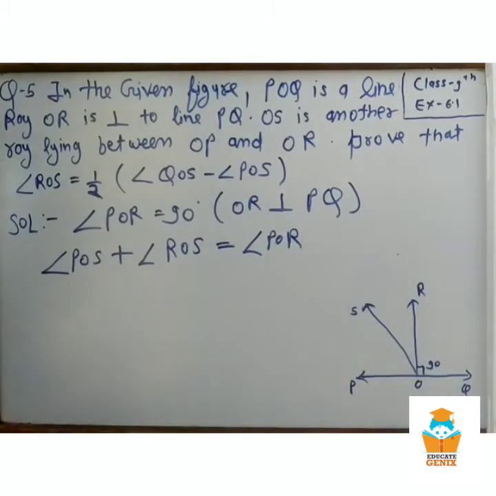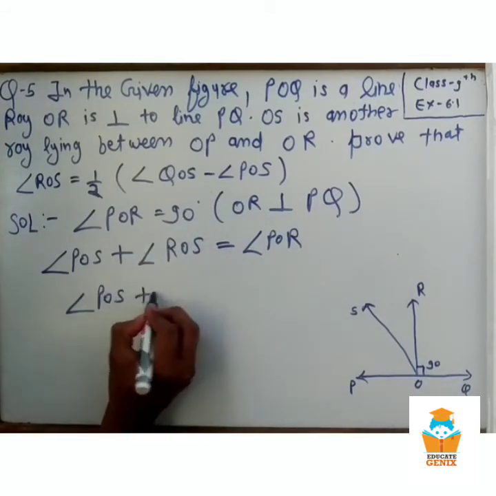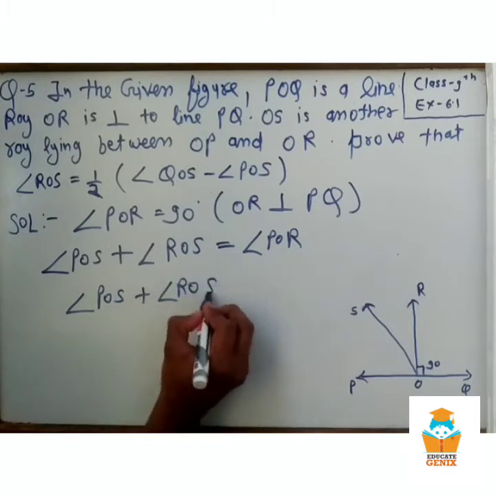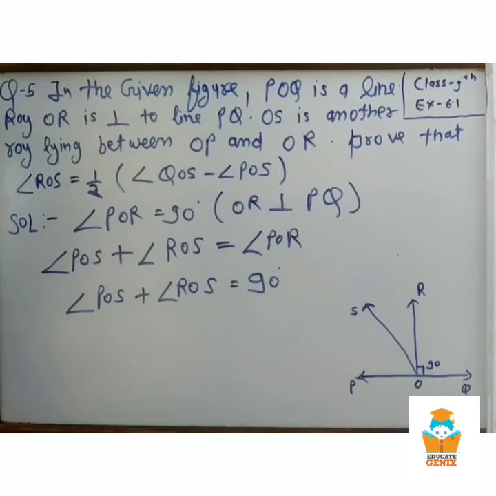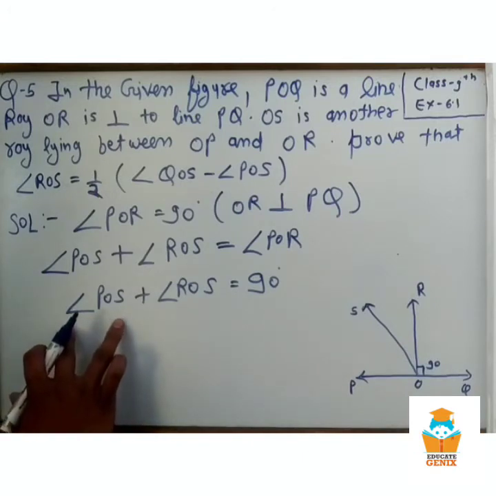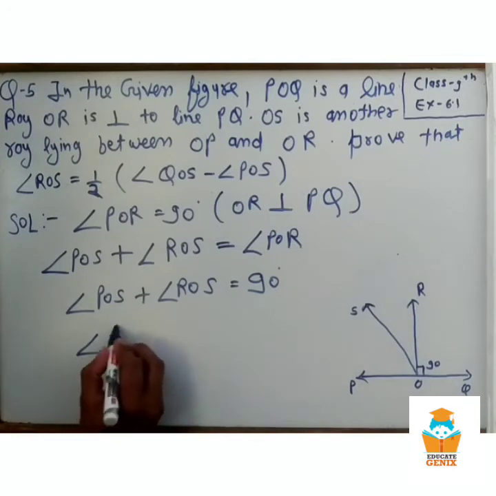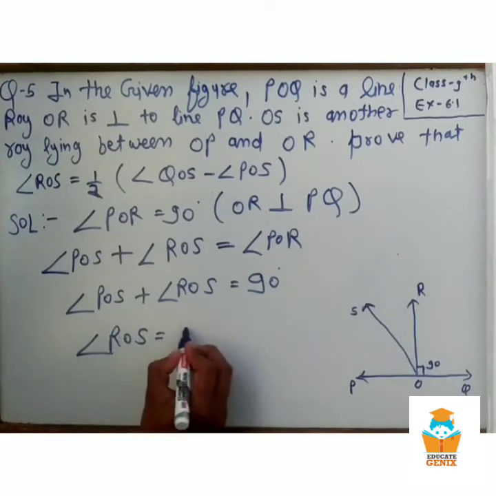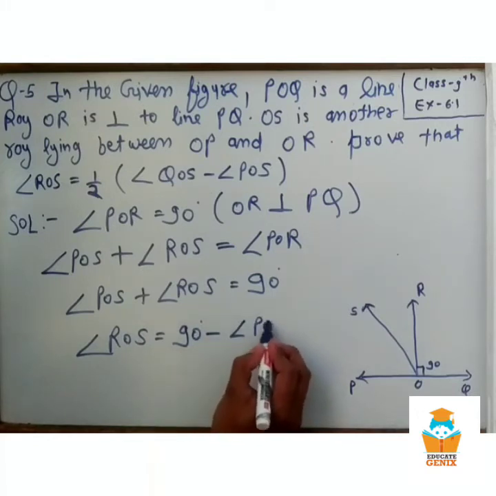And we are going to put angle POR as 90 degree. Therefore, angle POS plus angle ROS equals 90 degree. So we are going to shift this POS to this side. Therefore, angle ROS equals 90 degree minus angle POS.